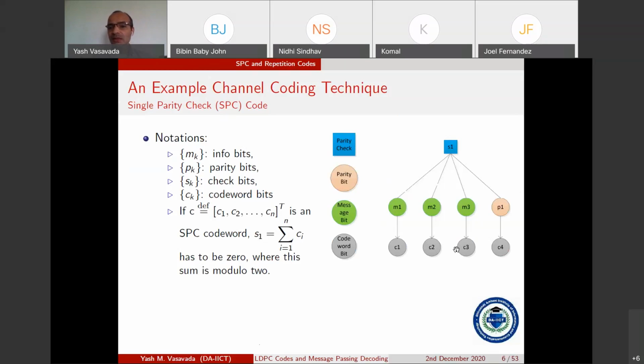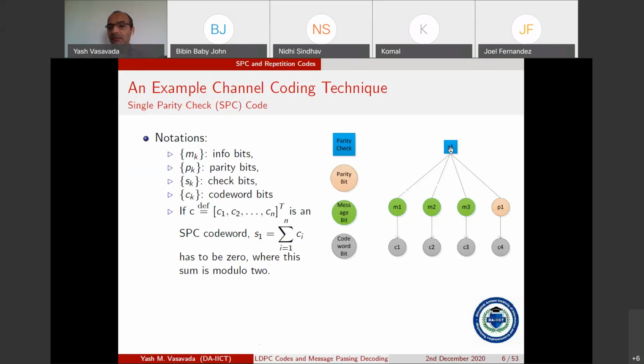So this SPC code can be put on a graph. What this graph is showing is that there are 4 bits of the code word, C1 to C4, where the first 3 bits are connected to the message bits, and the 4th bit is connected to the parity bit. And then there is a supervisory node, which also is actually a bit only. This S1 is actually a bit.